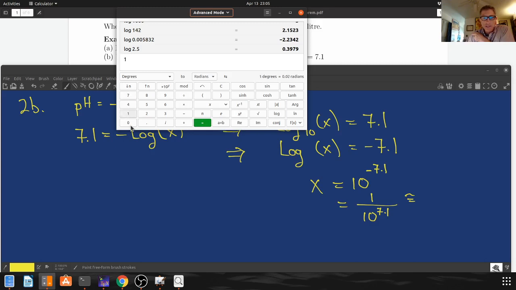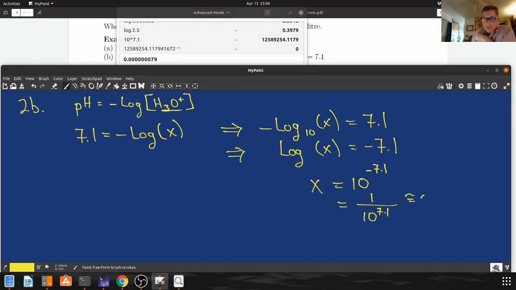I'm going to do 10 as my base, x to the y, and then enter 7.1. It equals. Now if you have a 1 over x key, which is the same as x to the minus 1, you hit that key, and there you get the answer. And I'm going to write that as 0 point, and then there are 7 zeros.